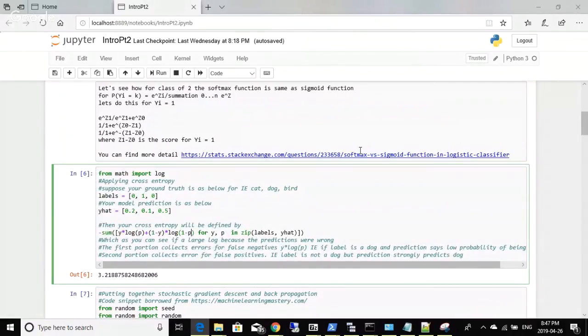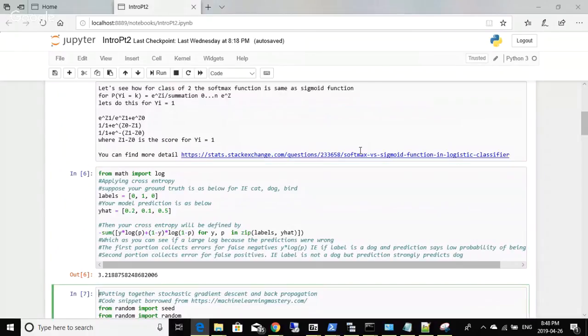The second part is there to collect error for false positives, right? So if your prediction strongly believes something that is not positive, so 1 minus 0 would be 1, and this would be some large number because you have predicted it close to 1. It would never actually be 1, but you predicted it close to 1, and it's not, and you times the log, then you have some large number here.